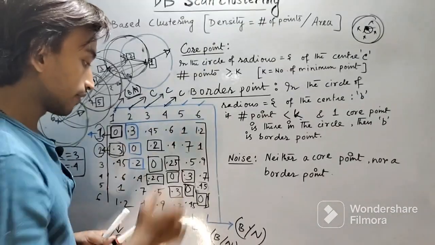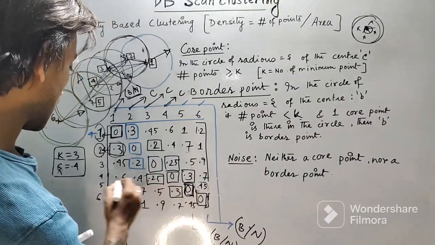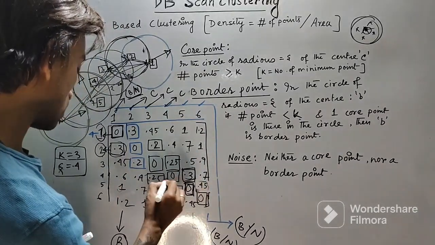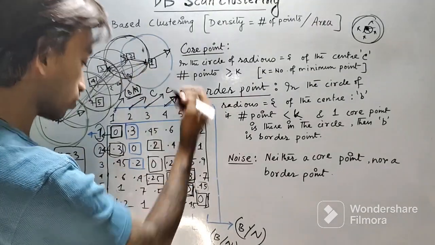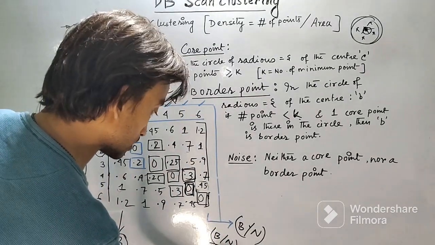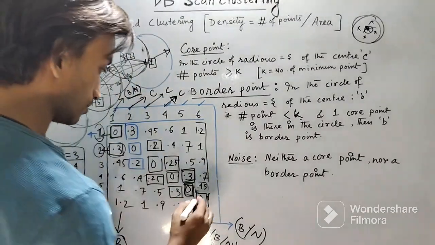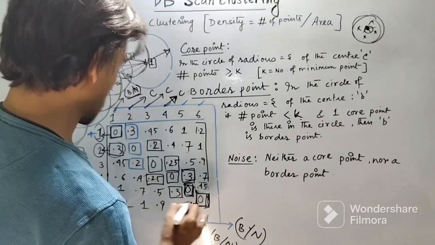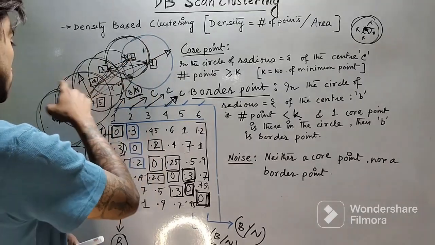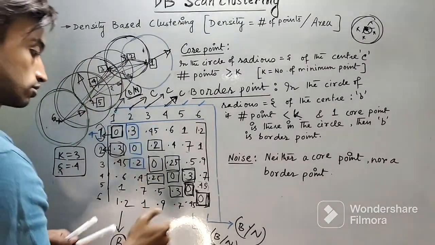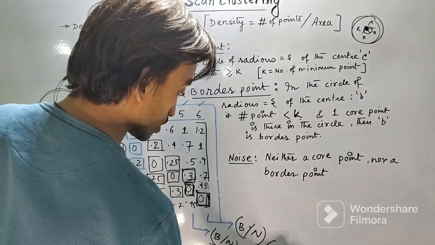Now let's focus on 5. 5 is connected to 5 itself and connected to 4. Is 4 a core point? Yes, 4 is a core point. Then it's a border point. Now let's consider 6. 6 is only connected to 6 and there is no other point in this circle, so it is not connected to any core point, so then it is a noise.